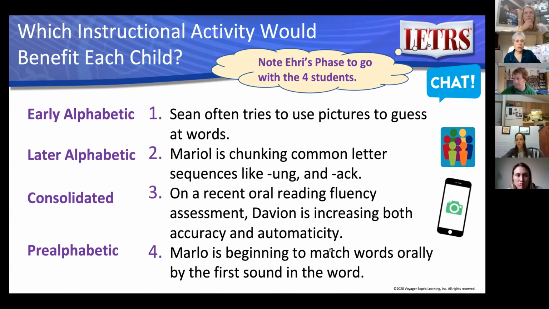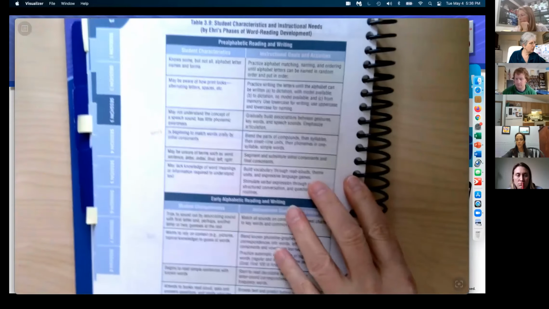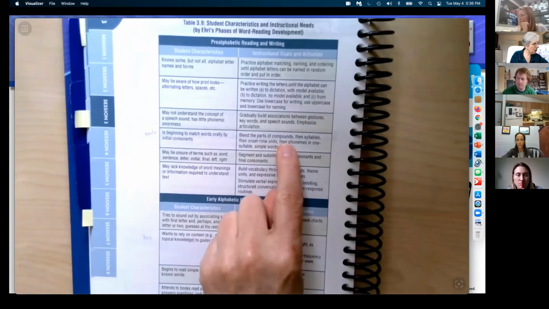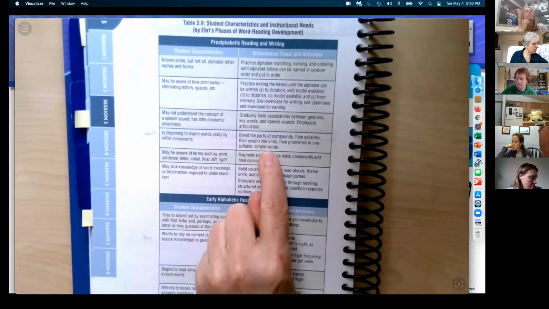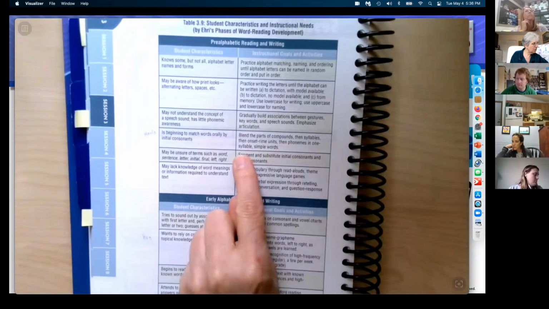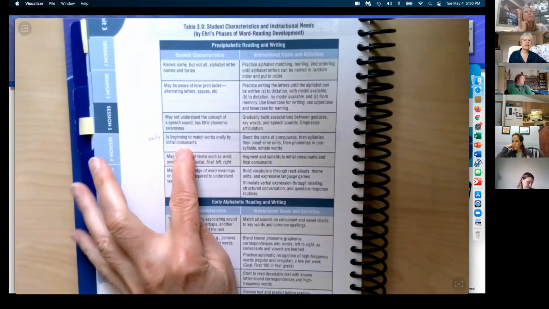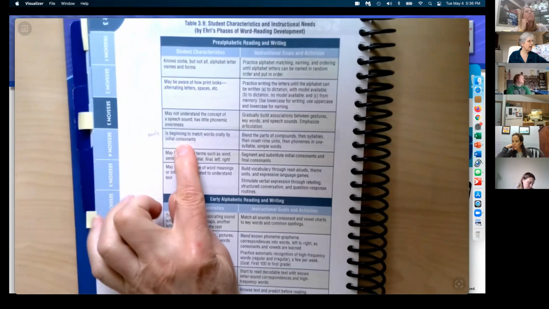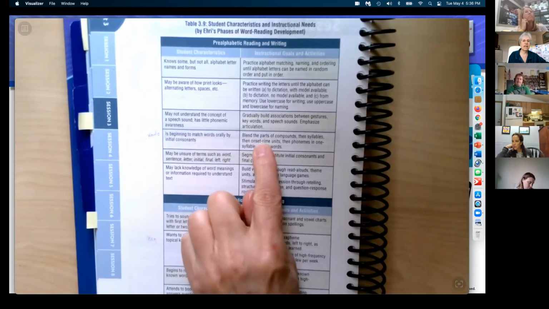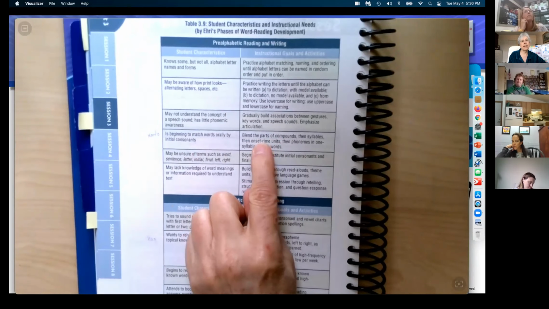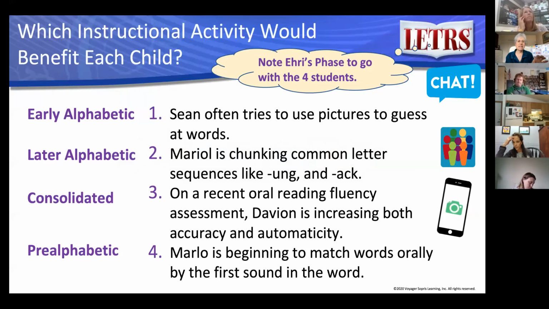So if we look at the instruction, blend the parts of compounds and syllables, then onset-rime, then phonemes, one syllable. So right now, he's at that characteristic level at pre-alphabetic, right? And then we're saying, these are the strategies that we're going to be incorporating into our practice. And that's where I share, it's getting a sense of where they are in that journey.